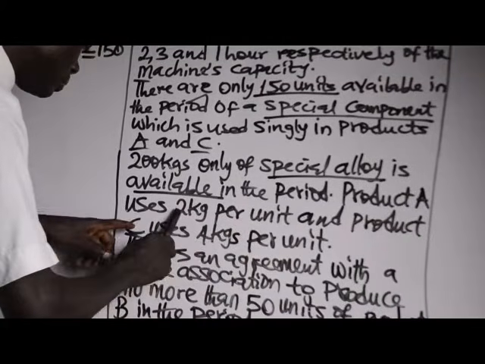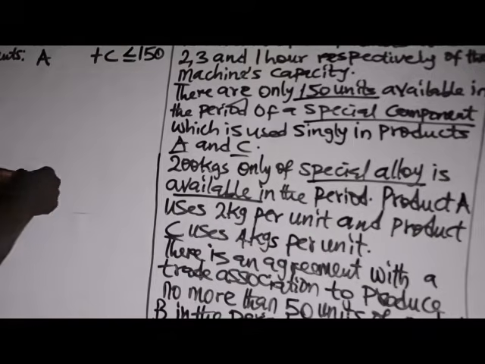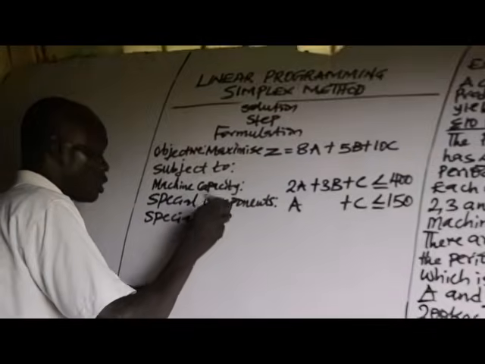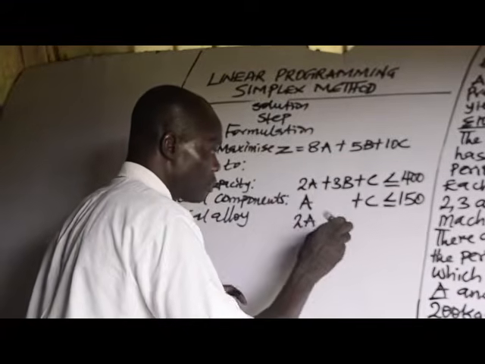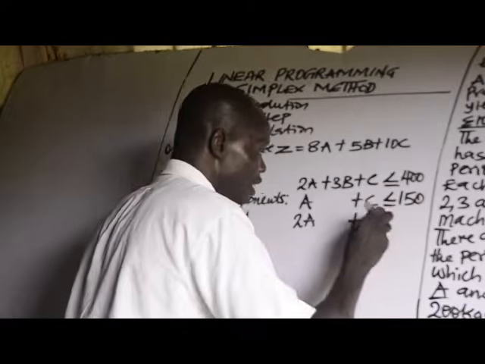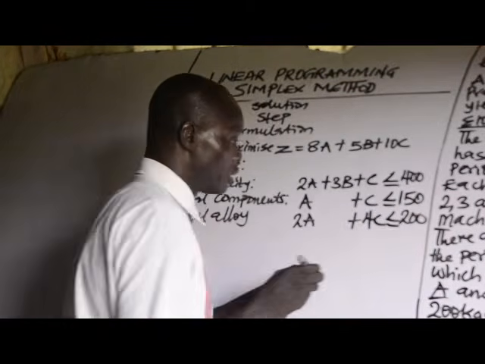So 2 for A, 4 for C, of the 200. Special alloy, the constraint: product A uses 2 kg and product C uses 4 kg, that is 4C, less than or equal to the available 200.